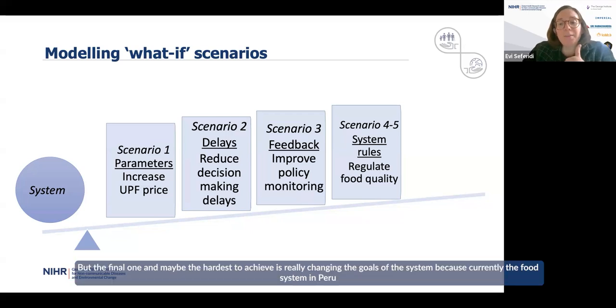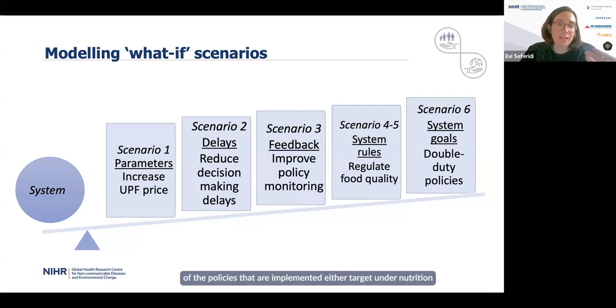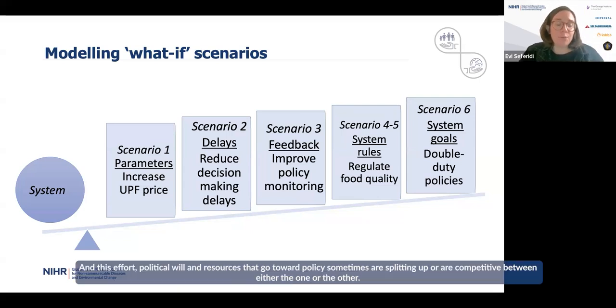But the final one, and maybe the hardest to achieve, is really changing the goals of the system. Because currently the food system in Peru, or the policies that are implemented, either target undernutrition or they target overnutrition. And this effort, political will, and resources that go toward policy sometimes are split up or are competitive between either the one or the other.